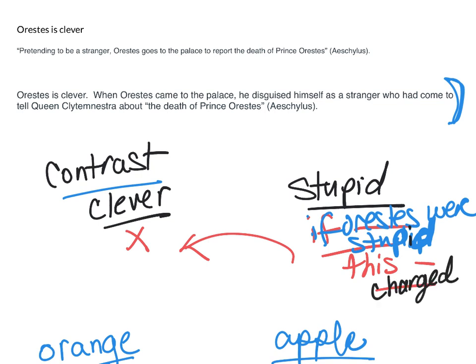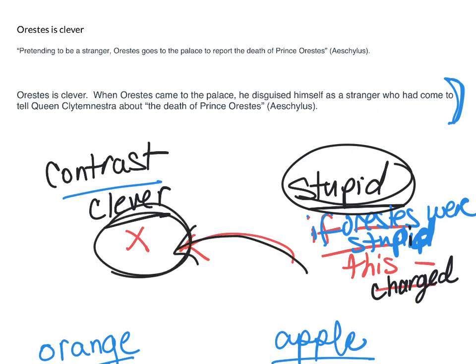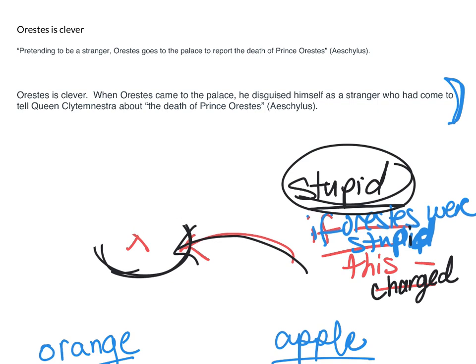He would have directly attacked, and then the guards would have been put on him. Well, is that what he did? Did he stupidly charge straight in? No, because the opposite is not true. That must mean that he is clever. So you are proving something by showing the opposite.